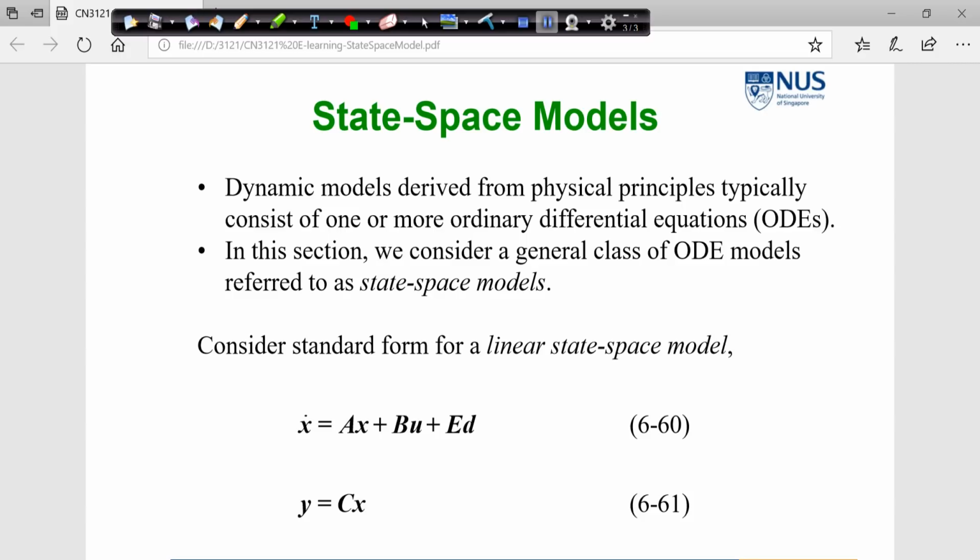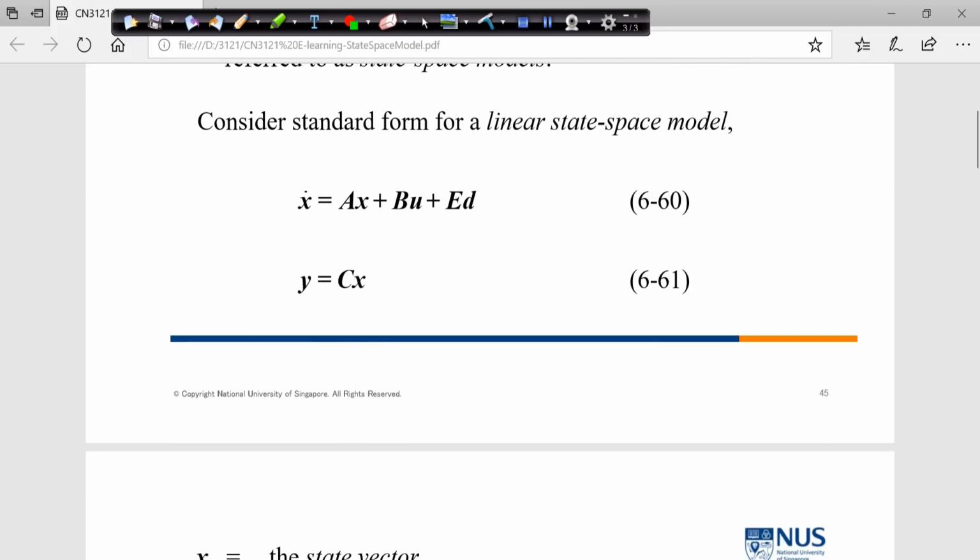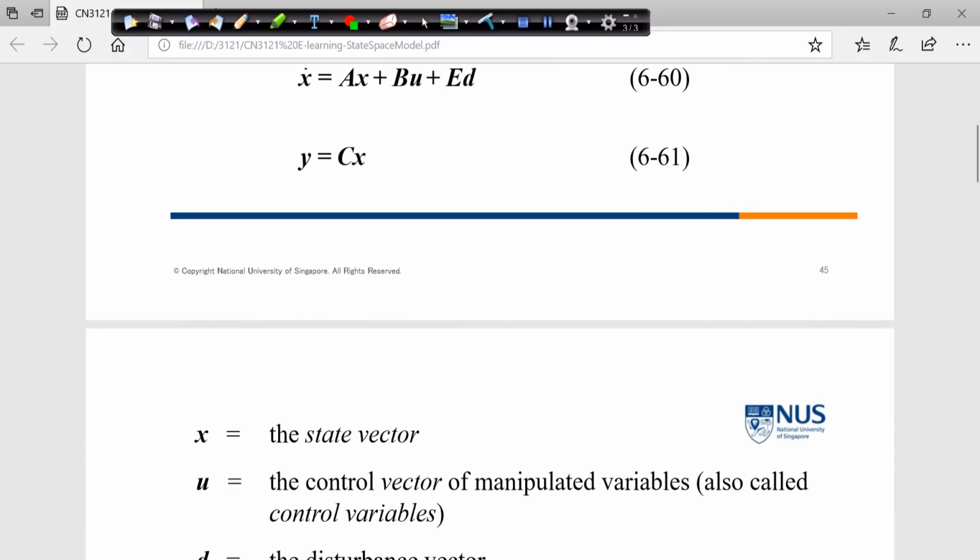Here it shows the standard form of a linear state space model. It basically has a variable x and its derivative x dot equals Ax plus Bu plus Ed, where A, B, E, C are all matrices made of constants, while y equals Cx is the output.